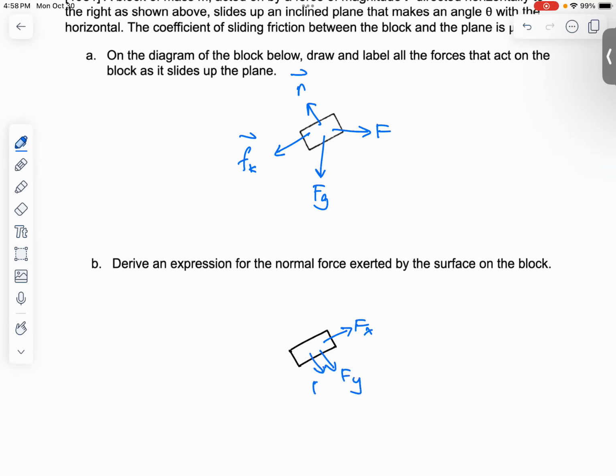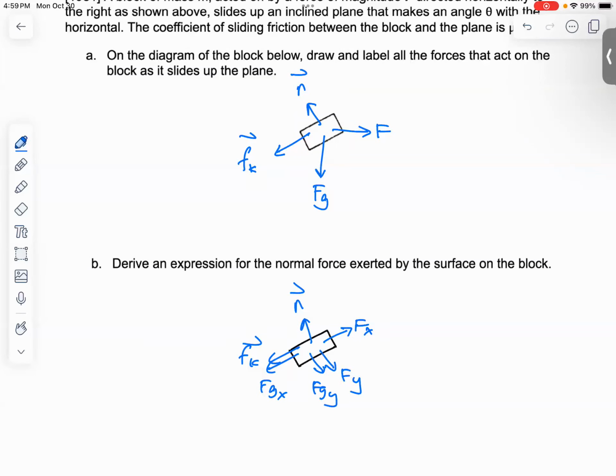We have Fgy and Fgx, and we also have kinetic friction and a normal force. So there are a total of 6 arrows after you break those components down.